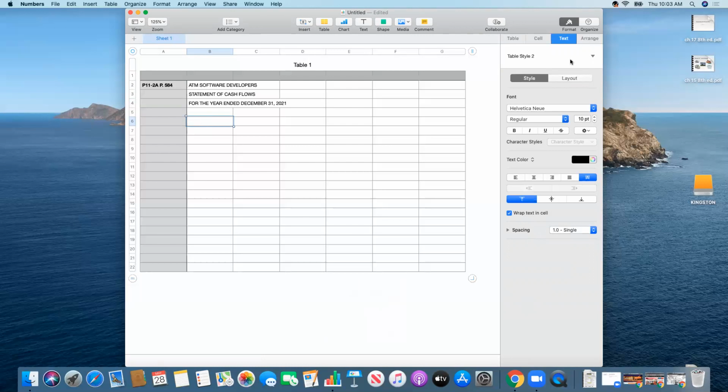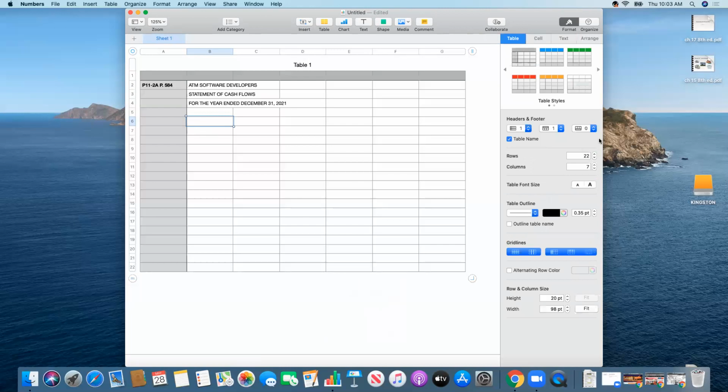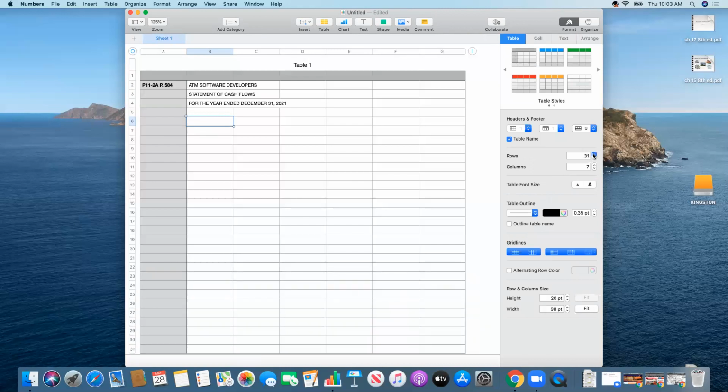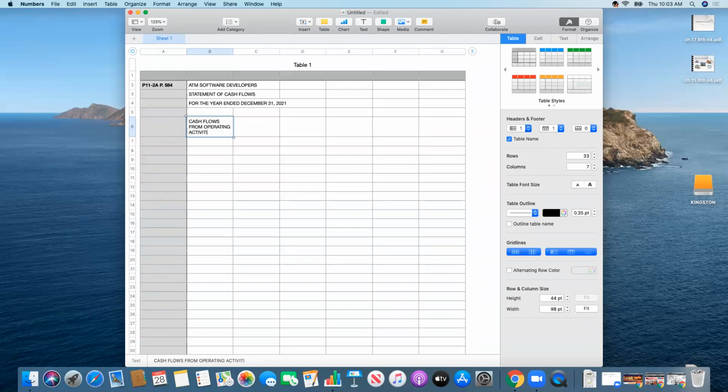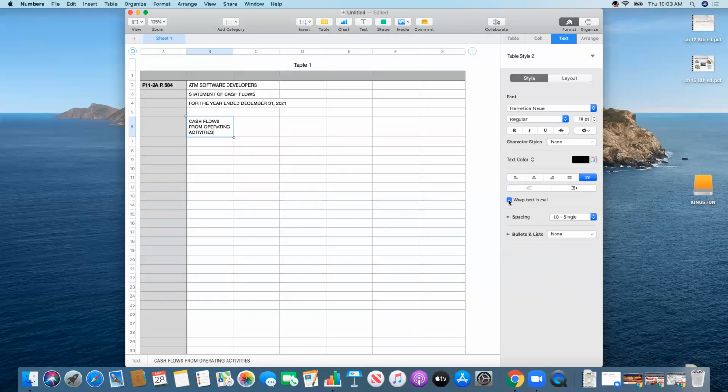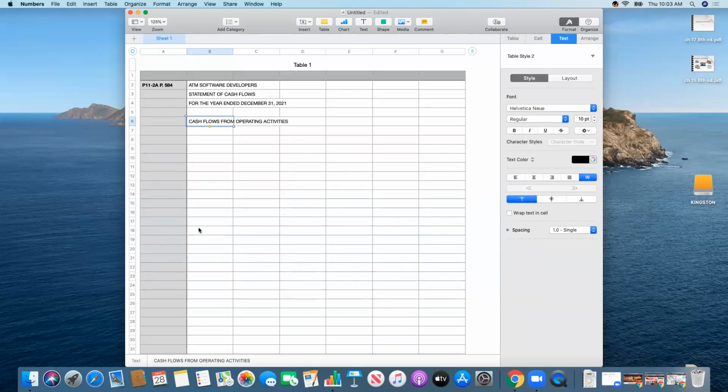Okay, and let's divide our page into three parts, right? We've got cash flows from operating activities. Cash flows from investing activities.